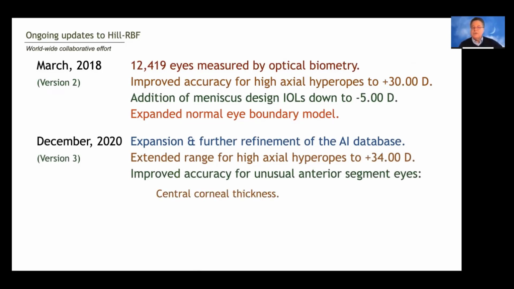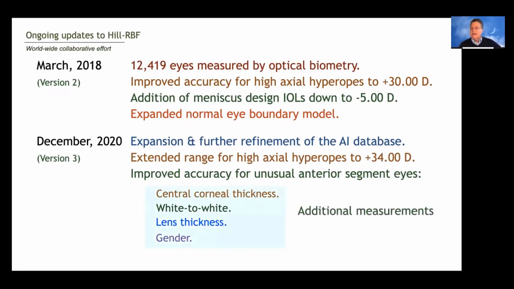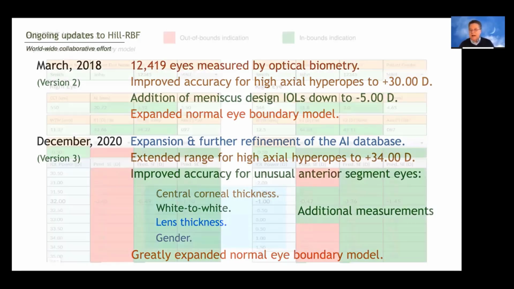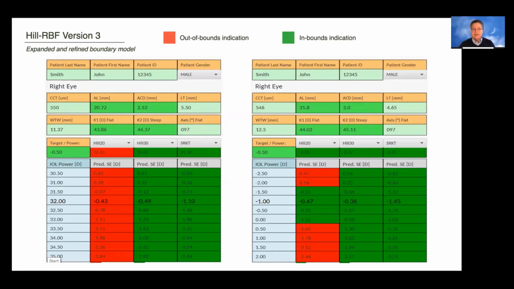And for this, you enter the central corneal thickness, the white to white, the lens thickness, and also gender. When you have large enough databases, you can begin to pick up subtle differences like this. And it turns out that gender actually does matter for a series of patients. And of course, a greatly expanded boundary model. Just an example of how much of an improvement version 3 is.